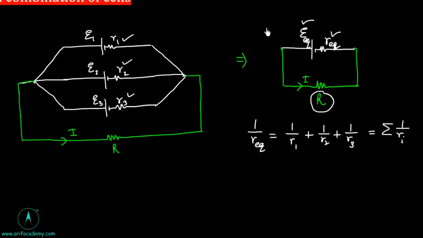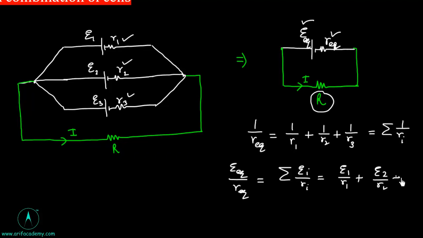And how to find E equivalent? The expression is E equivalent upon R equivalent is equal to the summation of Ei by Ri. In that case it is E1 by R1 plus E2 by R2 plus E3 by R3. So to get E equivalent, we have to obtain E equivalent upon R equivalent first.